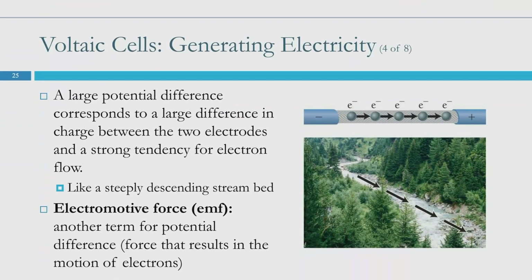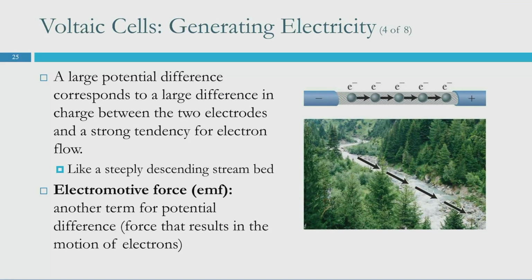If we have a large potential energy difference, remember that that's what's causing our electrons to flow. So we can think of a really steep river. If we have a really steep river, then we're going to have a large gravitational potential energy difference. And so we're going to see a really fast rate of flow, or a very strong tendency for electrons to flow.